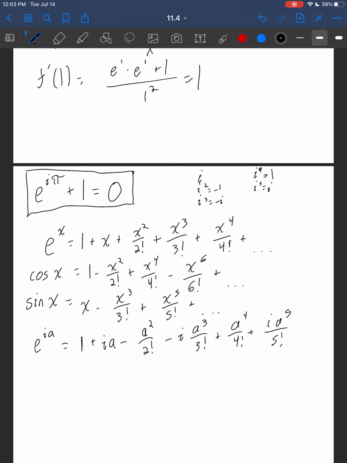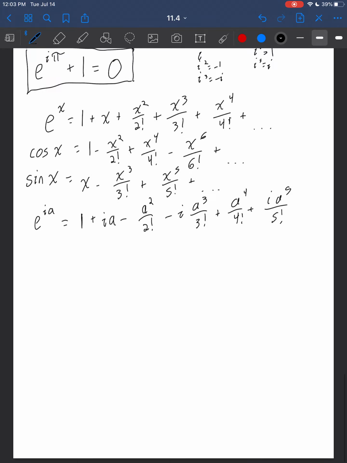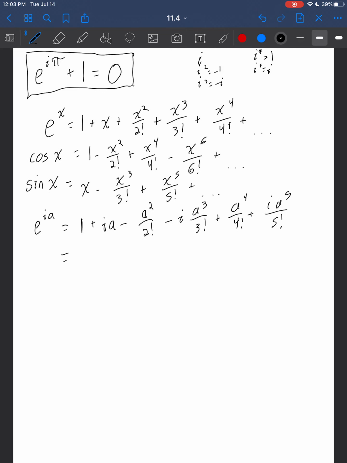Now if we take this and we combine all of the terms with i and the terms not with i in them. 1 minus a squared over 2 factorial plus a to the 4th over 4 factorial, and this one would have been minus a to the 6th over 6 factorial, so on and so forth.